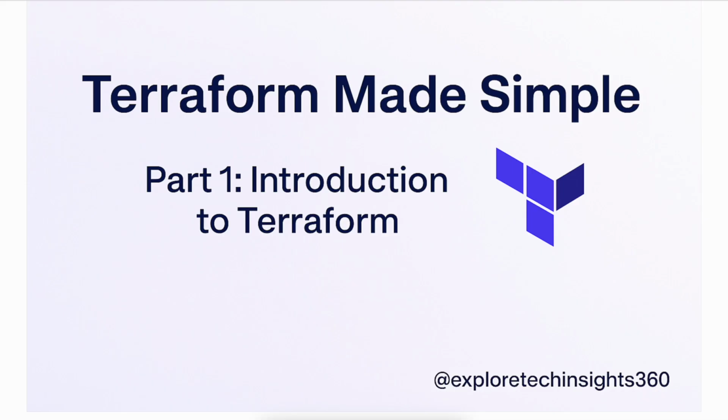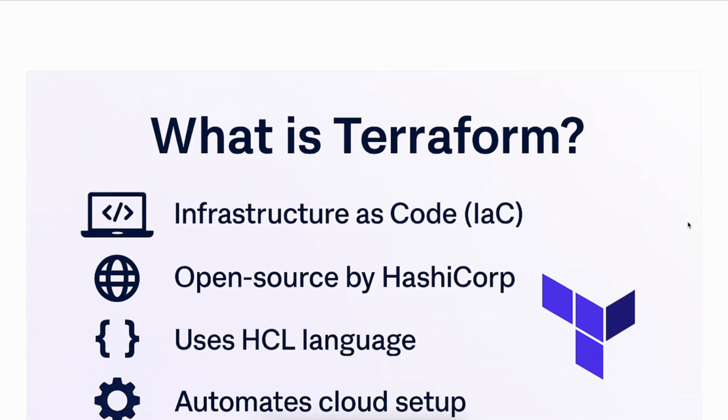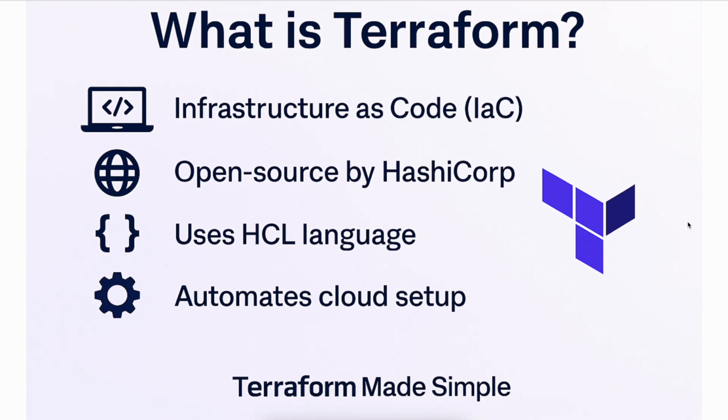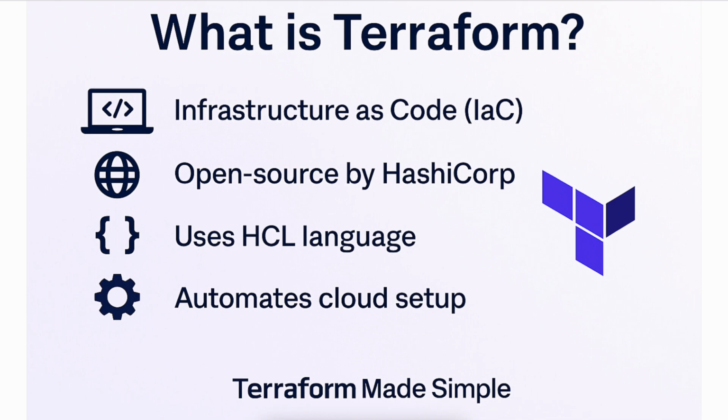Alright, before we do anything hands-on, let's first understand what Terraform actually is and why it's used so widely in DevOps today. Terraform is an open source infrastructure as code tool developed by HashiCorp. In simple terms, it lets you define your infrastructure using code instead of manual clicks in a cloud console.